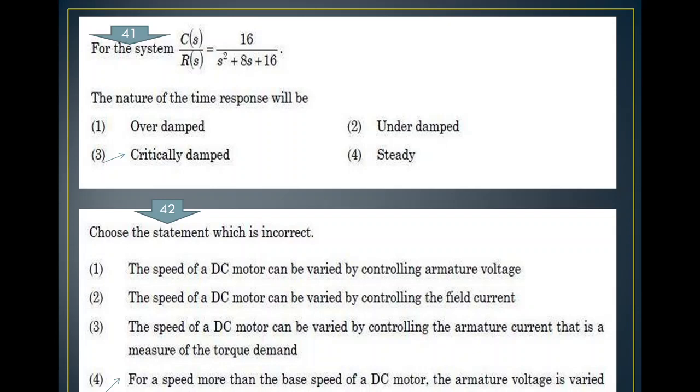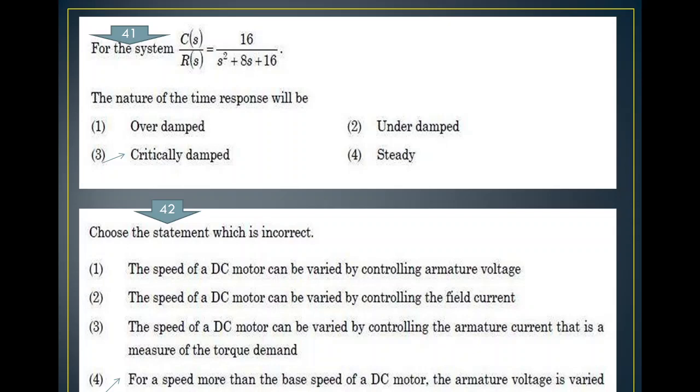Option 4, for a speed more than the base speed of a DC motor, the armature voltage is varied to control the speed, while armature and field currents are maintained constant. The correct option is 4, that is, this statement is incorrect: for a speed more than the base speed of a DC motor, the armature voltage is varied to control the speed, while armature and field currents are maintained constant.